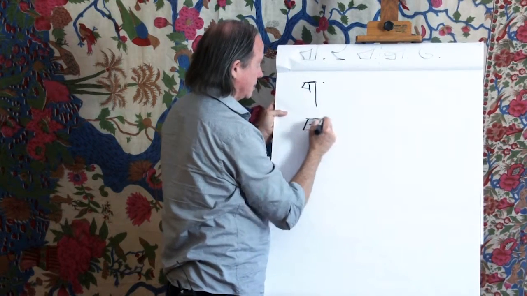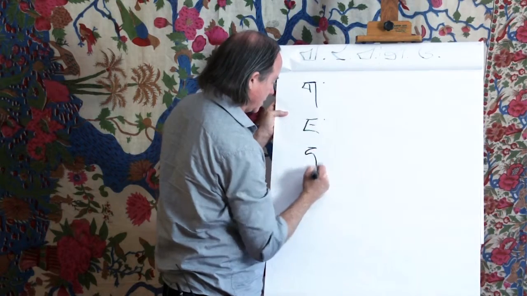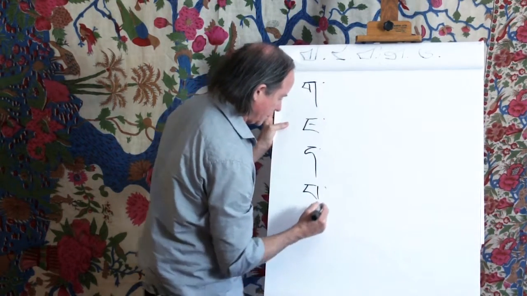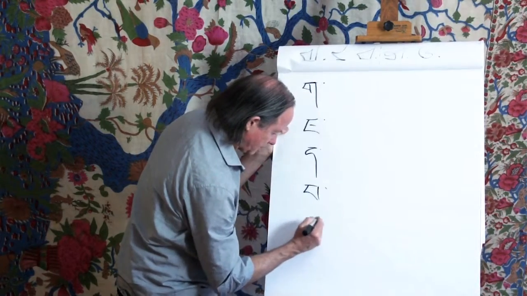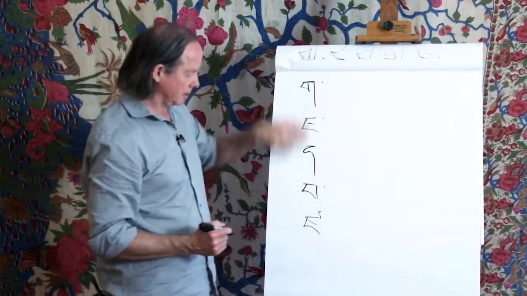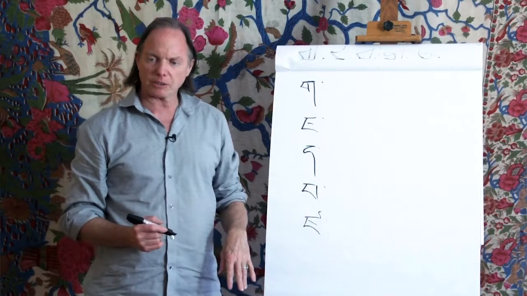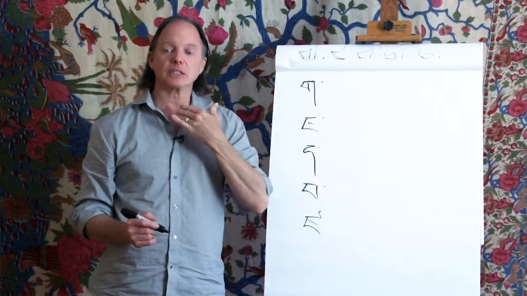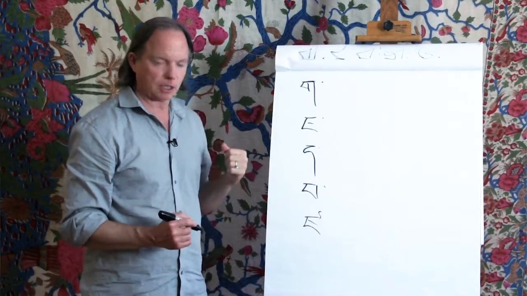This is the 3rd column. What are the 2 characteristics of the 3rd column? Low tone and voice. Ka, cha, ta, ba, sa.